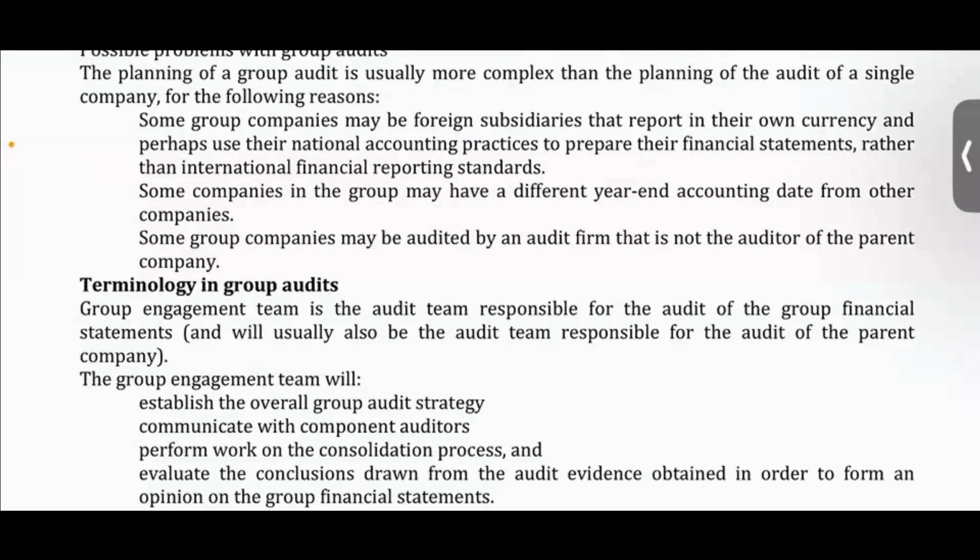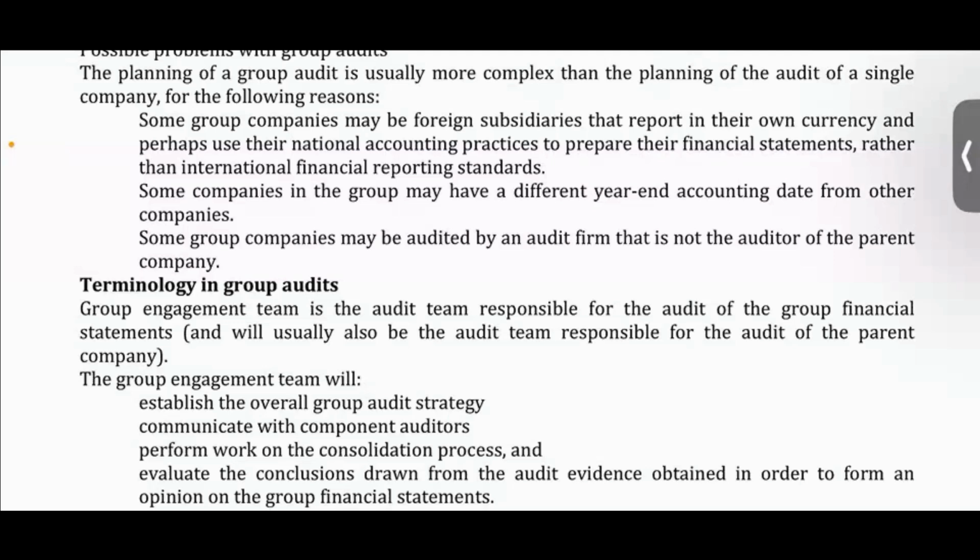So it's the same constraints that will happen when you are having to audit a group that is maybe even on a larger scale. Different companies may have different financial year ends, and it's your responsibility to put those companies together and prepare a consolidated financial statement. Same thing that you do in your CR.